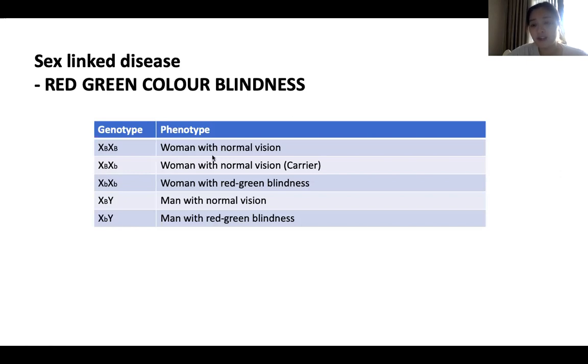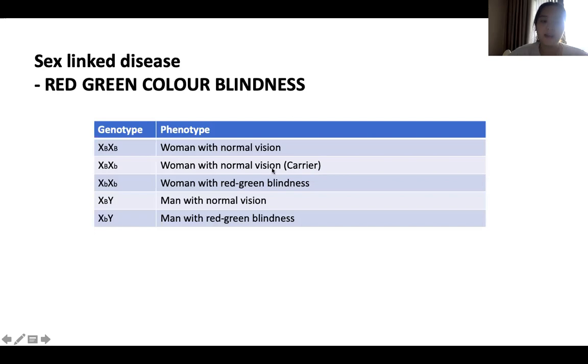She's not affected, she's a normal vision person, but she's a carrier. Carrier means that she has a probability that she will give this red-green color blindness to her kids. But she has normal vision. She doesn't have the disease. We call this person a carrier. Sometimes carriers don't even know they have this allele.